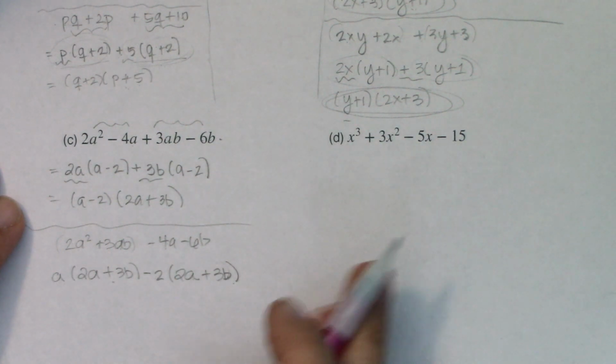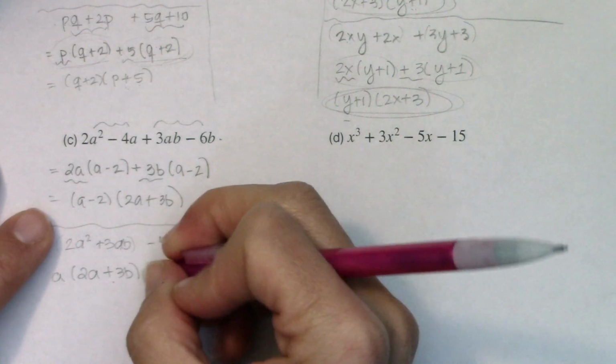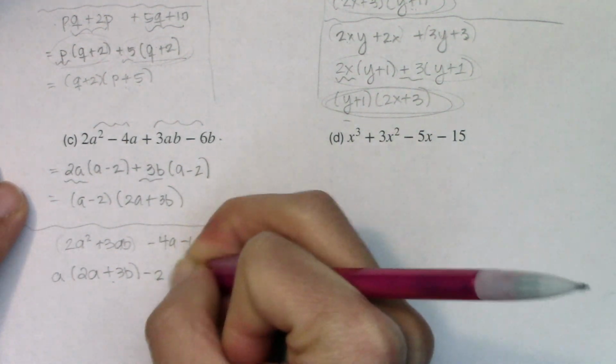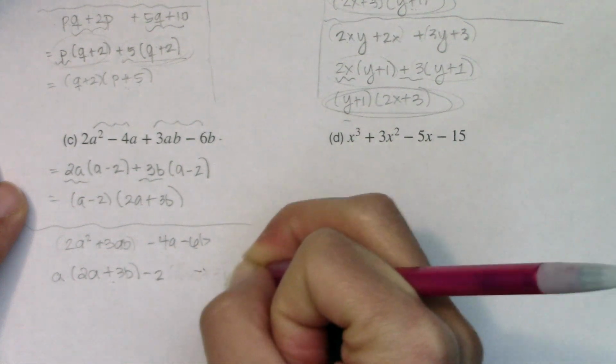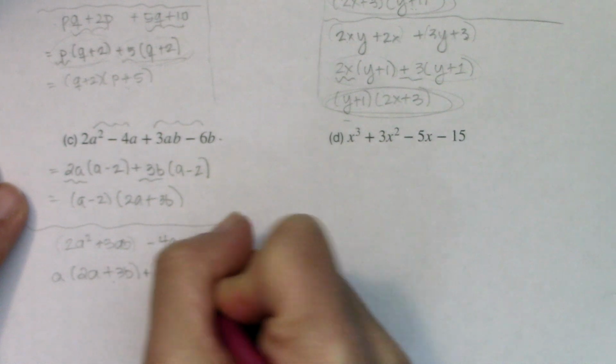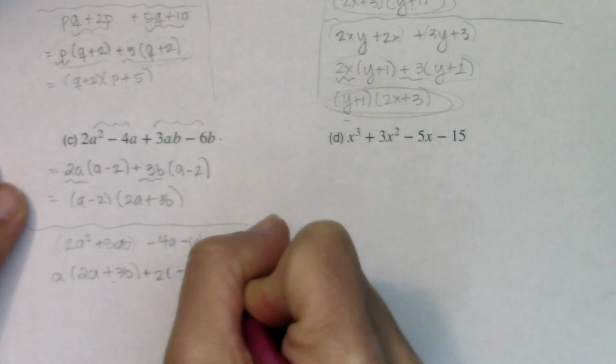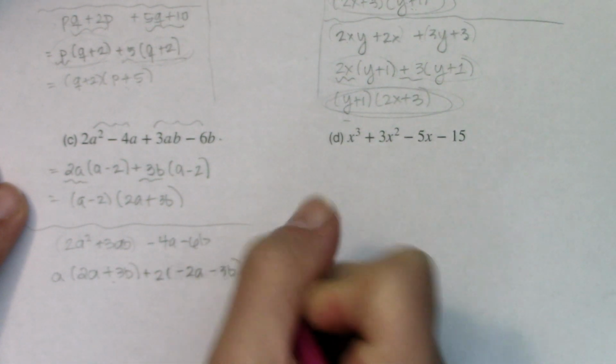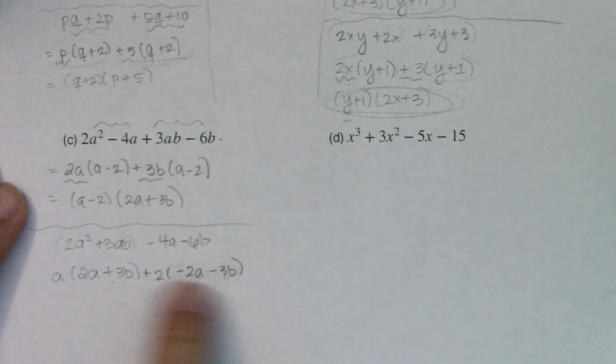And just to give you a counter, let me show you why I sent the negative with it. So let me go the other way. A lot of folks, and this is totally reasonable, will factor out a positive 2, and then I'm left with negative 2a minus 3b, right? If you do that, you can notice this back binomial factor is not the same.